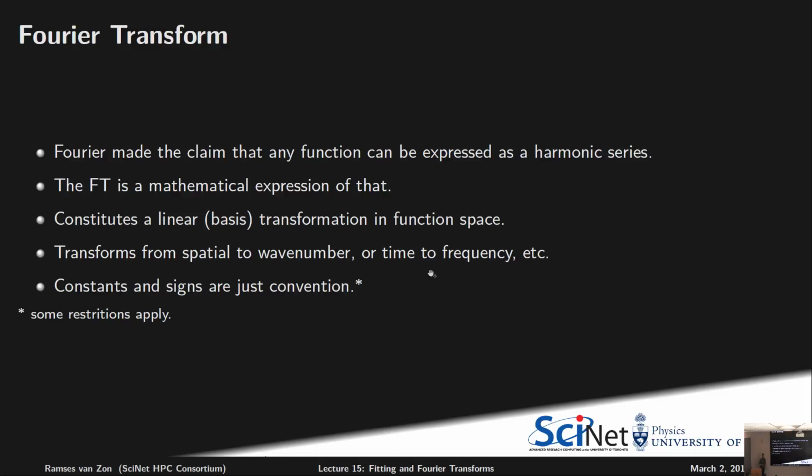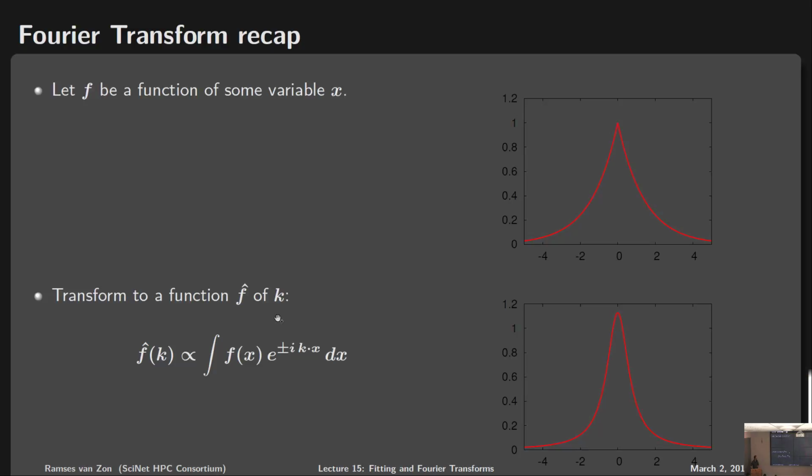And then something that will be a nuisance as you're applying this is that you have to worry about constants and signs, but all of them are conventions. So I'm not going to worry too much about it here. It's something that you have to worry about. So when I'm writing this proportionality, I'm doing that because I don't really want to worry about what my normalization here is, because there are different conventions.